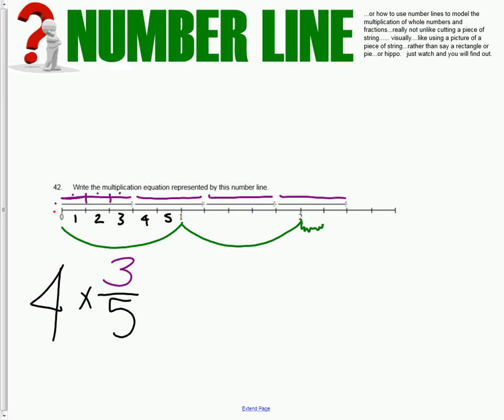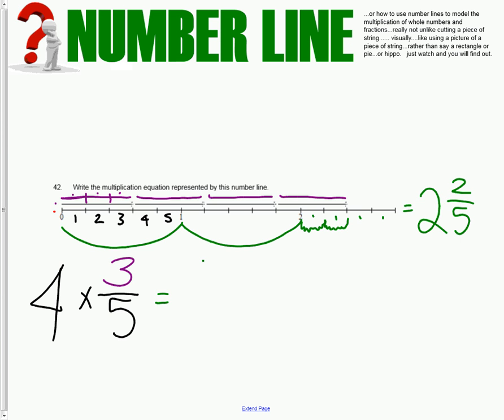Here's one little piece, and here's a second little piece. So this picture equals 2, and 2 little pieces out of a possible 1, 2, 3, 4. And there would be a fifth one down there if we were to continue our number line. So we have 2 of our numerator, 5.